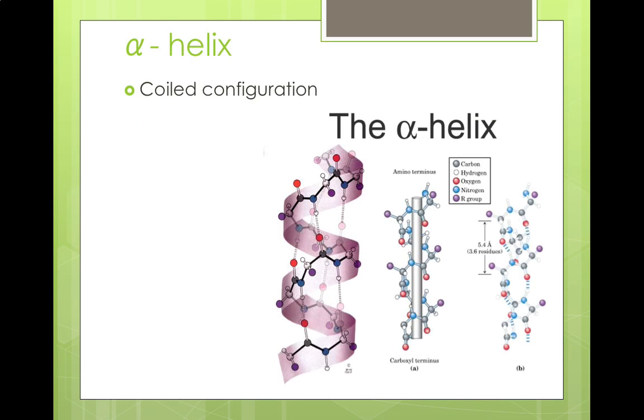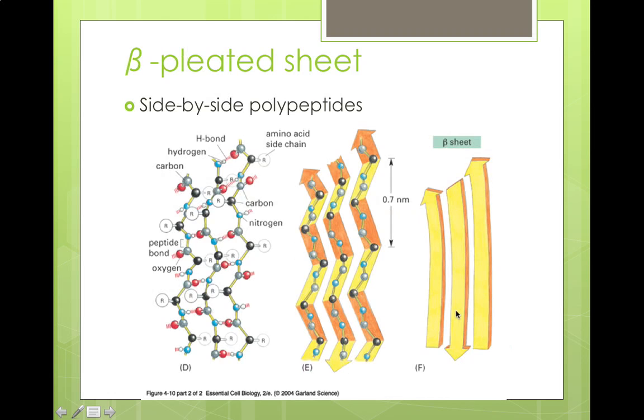So the alpha helix looks like this. This is a coiled configuration. That symbol right up there, that's just the Greek symbol, lowercase for alpha. We get a beautiful picture there. And all of the citations for the images are on the notes guide if you haven't noticed that yet. Then we have the beta pleated sheets. That is the Greek symbol for beta, lowercase b.